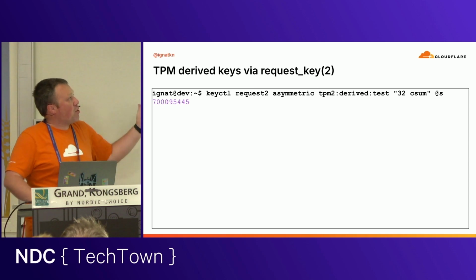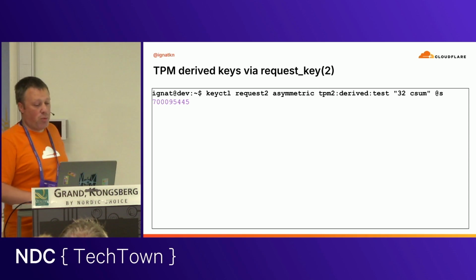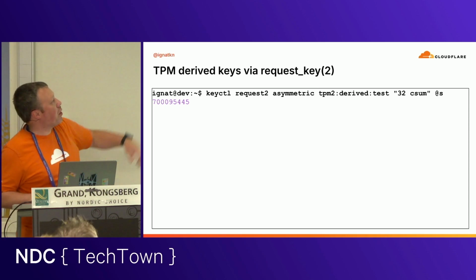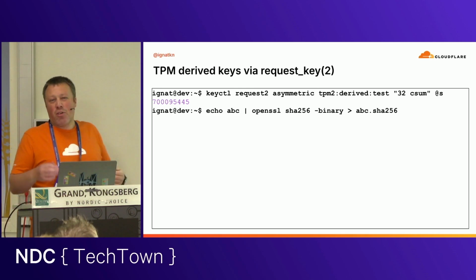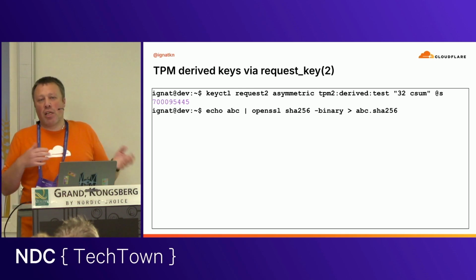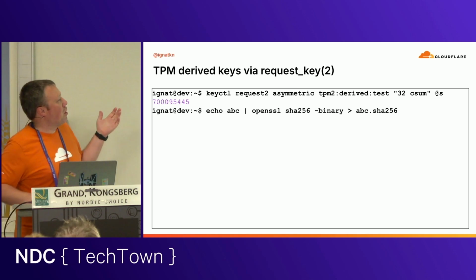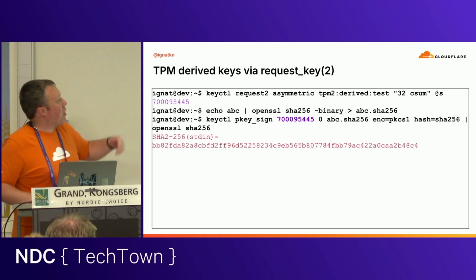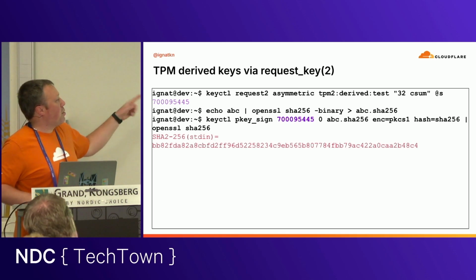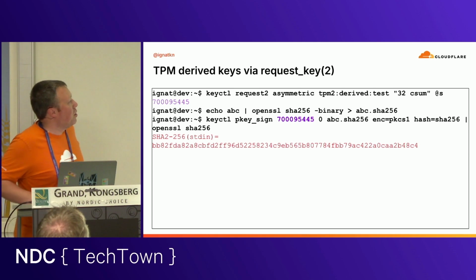Technically, you can do the same with asymmetric keys as well. Instead of a user key, you can request an asymmetric key. You cannot read asymmetric keys back; you can only do stuff with them. So what we can do here is generate some random hash and use that asymmetric key to create a signature, right?